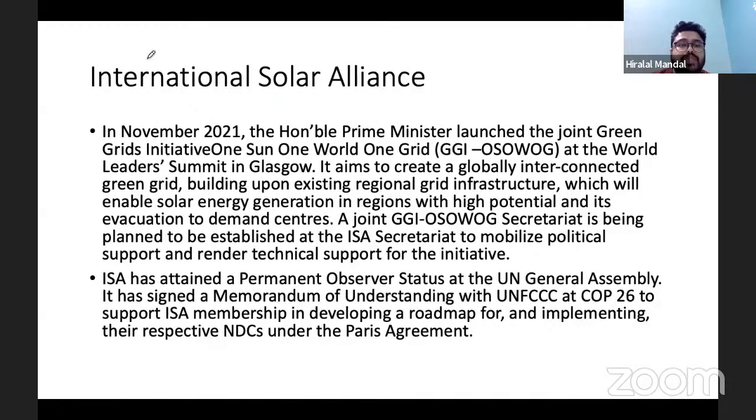Similarly, the International Solar Alliance is already there. The objective of the International Solar Alliance is to promote solar power production in the country, promote solar energy, and also promote cooperation among the various countries in solar production. In fact, at Glasgow, it has launched the joint Green Grids Initiative, that is, the One Sun, One World, One Grid initiative. The Prime Minister launched it in Glasgow.